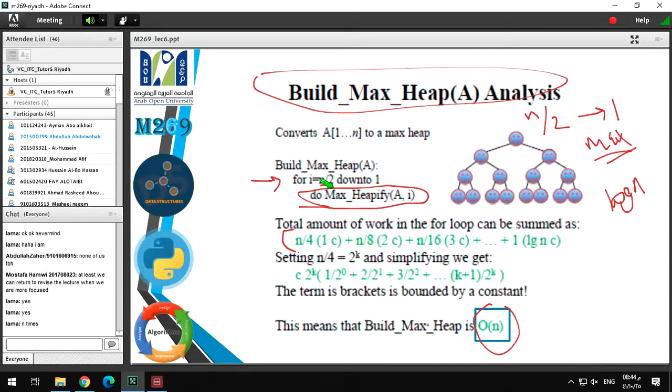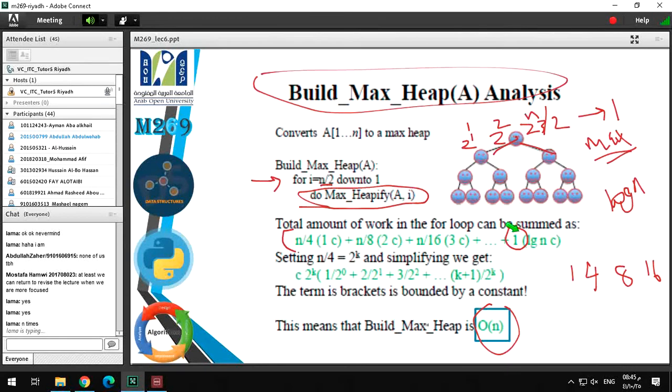If you want to find the exact amount of work, every time you go from one node to the other nodes, we are dividing n by 2 to the power k. So 2 to the power 1 is 2, then 2 to the power of 2, 2 to the power 3. So it is 2, 4, 8, 16, until you reach the root, which takes log n.